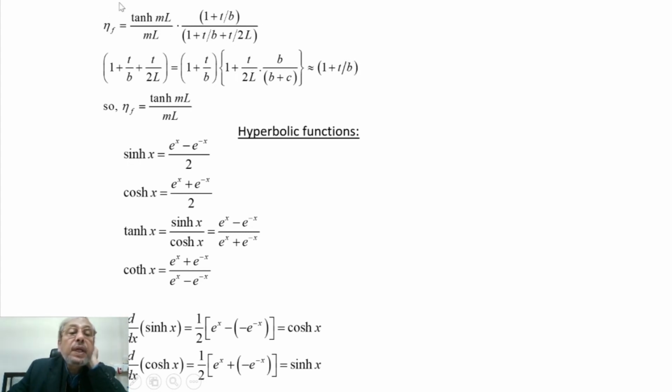So fin efficiency is given by tan hyperbolic ml by ml.